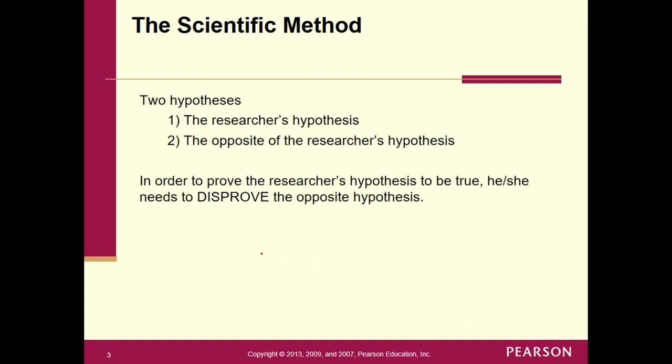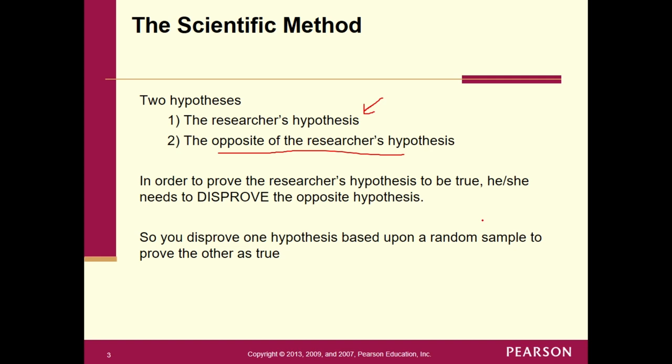Even though you have the researcher's hypothesis, you don't try to prove that one as being true. You try to prove the opposite of the researcher's hypothesis. And if we can say that this is probably wrong, what does that mean about the researcher's hypothesis? That it's probably correct, okay? And so that's what's happening here.